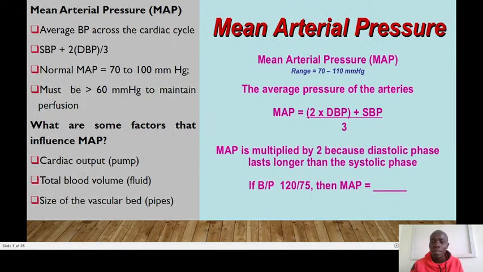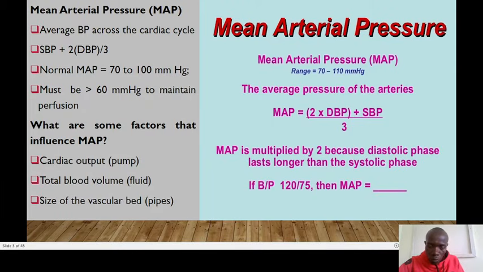Remember, the MAP is affected by the cardiac output and the total blood volume in the body, in direct proportion. So when these increase, you expect the MAP to be a little bit elevated. All right, supposing you have a blood pressure of 120/75, can you calculate the MAP for me?